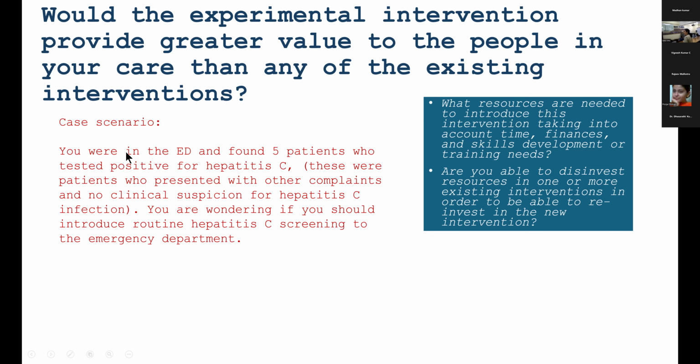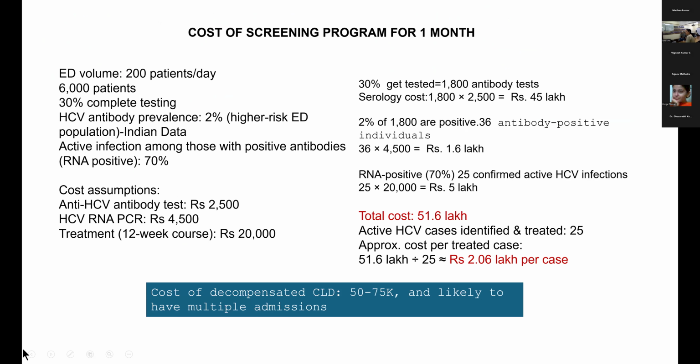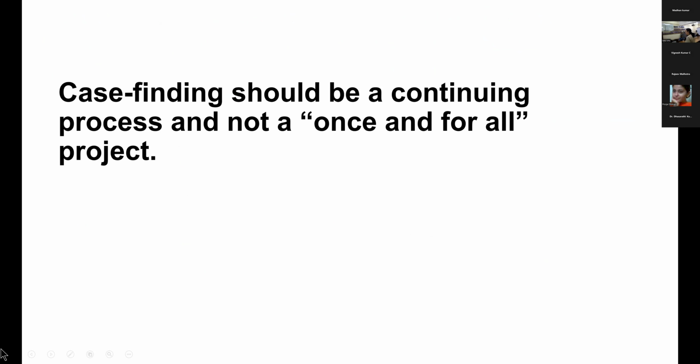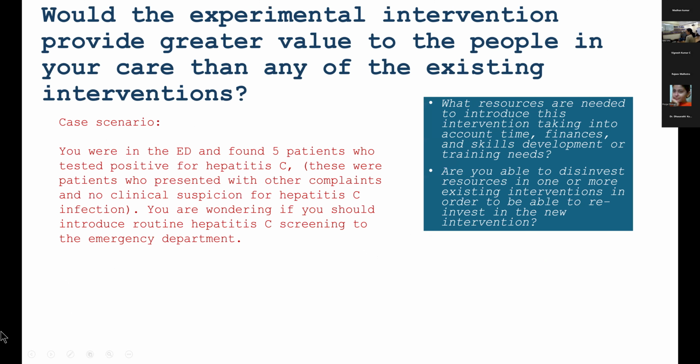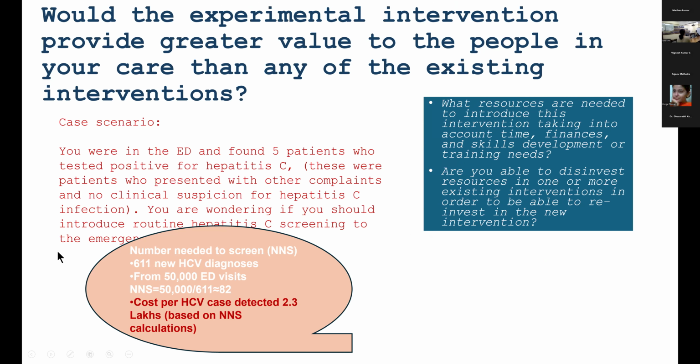I just want to point out that if you increase the prevalence, say to 3% or 5%, if you calculate the whole thing, the cost per person actually comes down. The overall cost is more, but per case, the cost actually comes down when you increase the prevalence. So then would you want to change? Is there another setting where you might want to consider this?